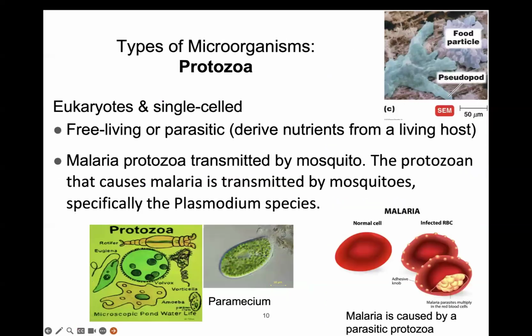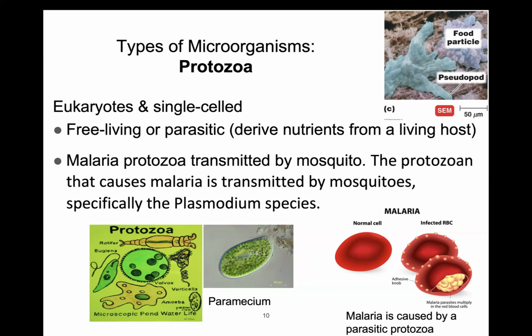Another group of microbe is called protozoa. So protozoa are eukaryotic. They're made up of eukaryotic cells, meaning they have a nucleus. They're made up of single cells, and some of them are normal, meaning they're fine, they're free living, they live in the ocean. And then there are protozoa that are pathogens. And again, the word pathogen means that they cause disease.